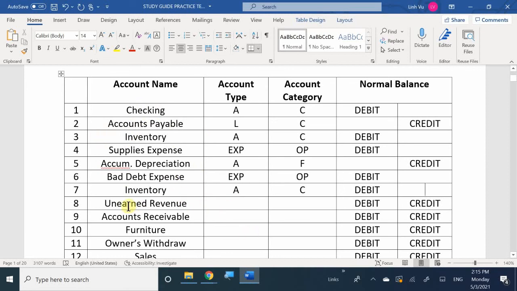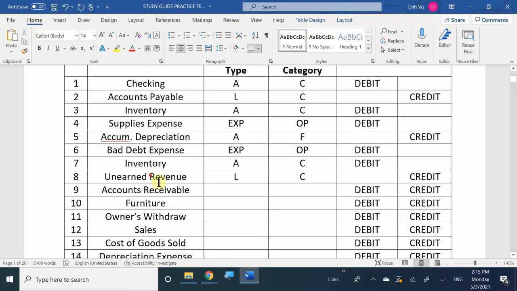All right, what about unearned revenue? It's a liability. Excellent. What kind of liability is unearned revenue? Current. Good. And what kind of balance would it have? Credit. Now we have accounts receivable.